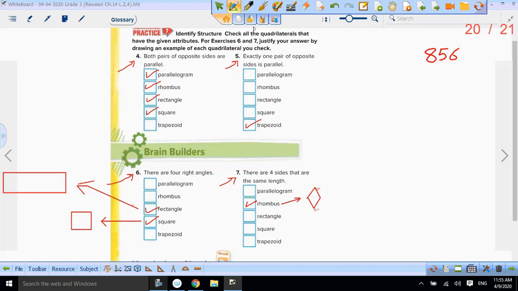Okay, rectangle has four equal sides in length? No. Square? Yes. Square has four equal sides in length. Trapezoid? No. Trapezoid hasn't four sides that are the same length.